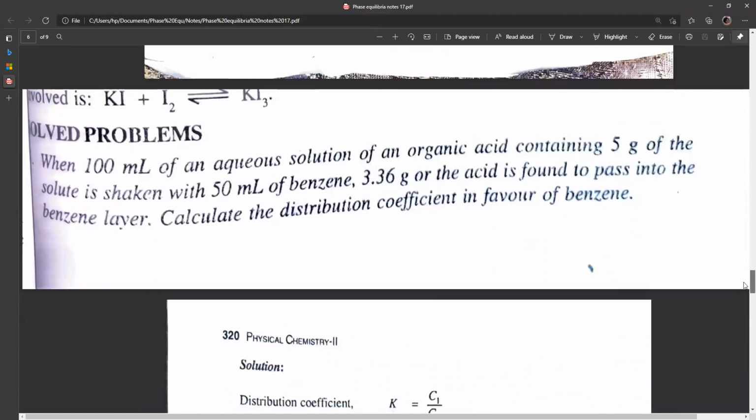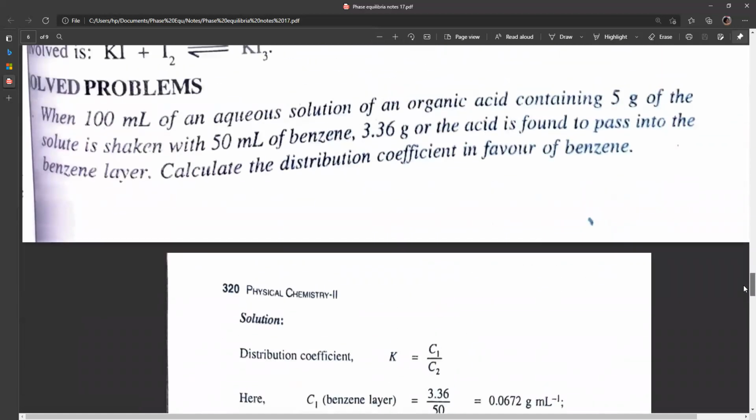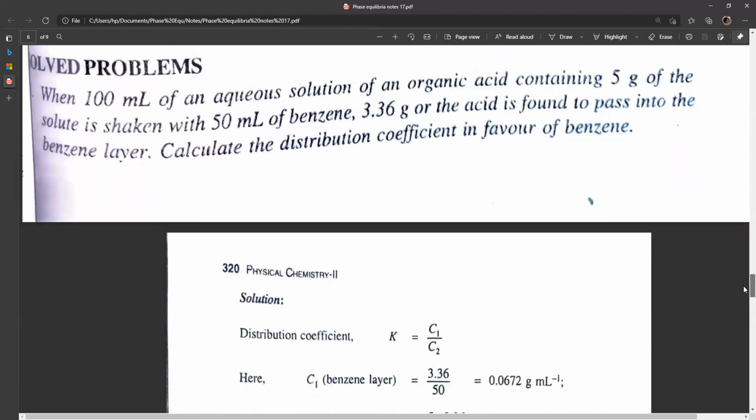Next, a problem. When 100 ml of an aqueous solution of an organic acid containing 5 gram of solute is shaken with 50 ml of benzene, 3.36 gram of acid is found to pass into the benzene layer. Calculate the distribution coefficient in favor of benzene.